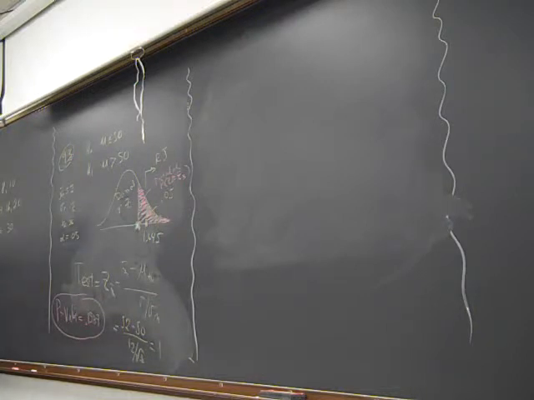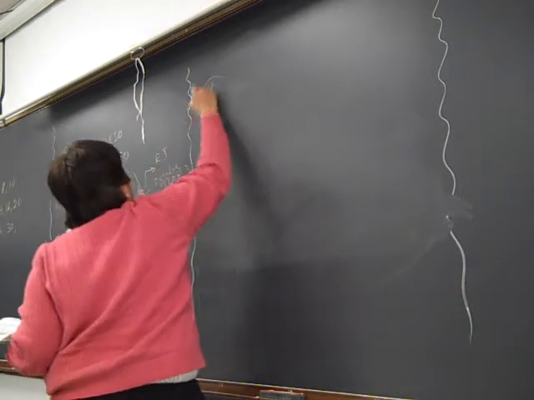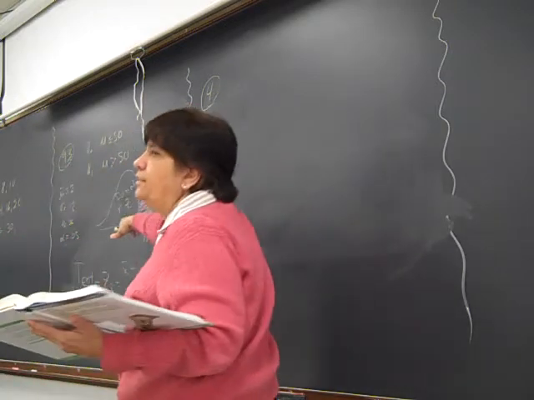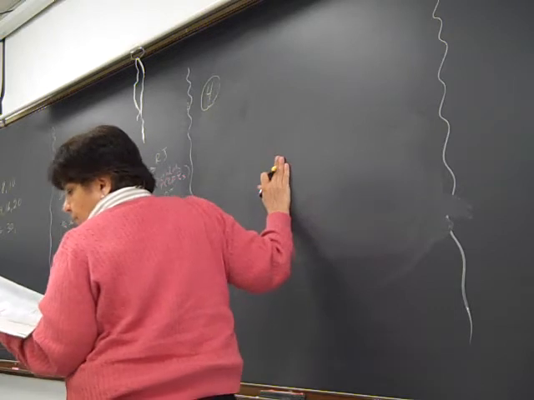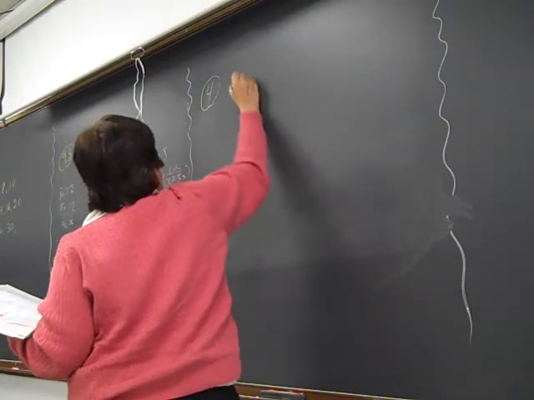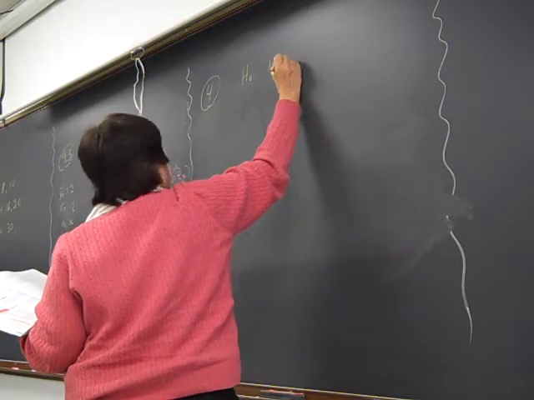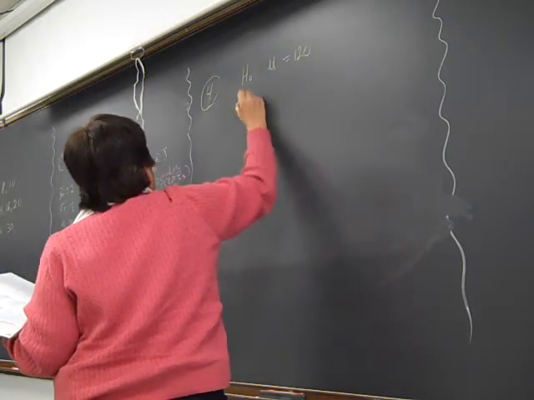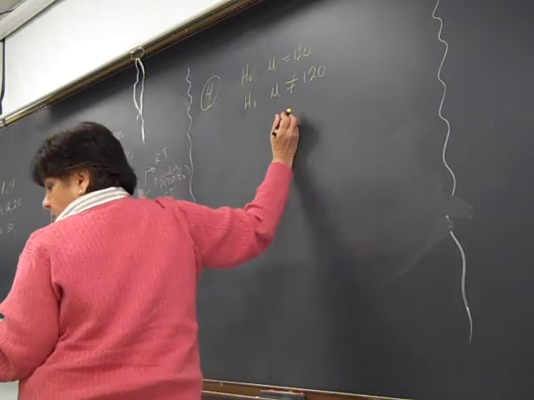Okay. Let's do problem number 4. That again is part of the homework, but I want to do a two-tail test. Problem number 4 says that the null hypothesis is that mu is equal to 120, and the alternative is that mu is not equal to 120.